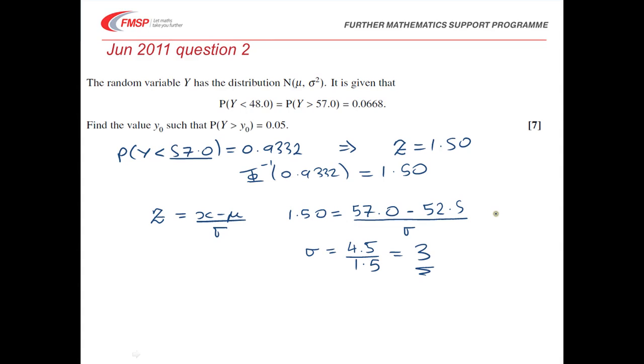Okay, so we've now worked out my sigma. You get a lot of marks for this. Okay, so in this particular case, you're going to get B1 and A1 for these. What you could have done is set up 2 statements and solve them simultaneously.